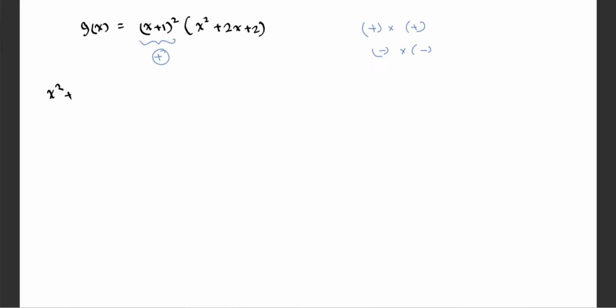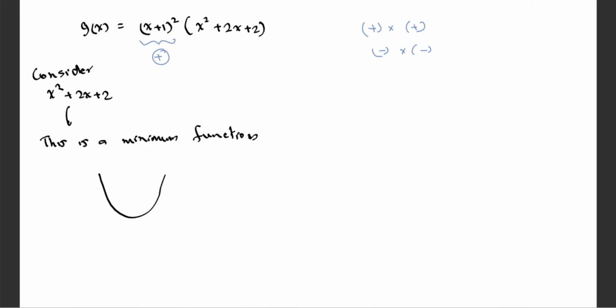Consider x squared plus 2x plus 2. This is a minimum function. Why? Because the coefficient of x squared is 1, which is greater than 0. So the graph will look like this.